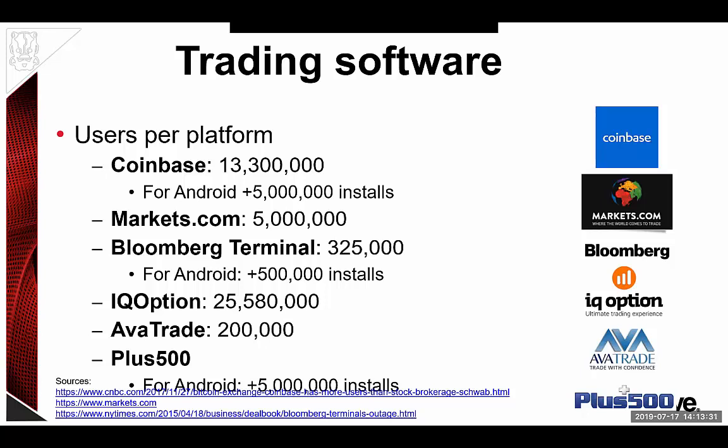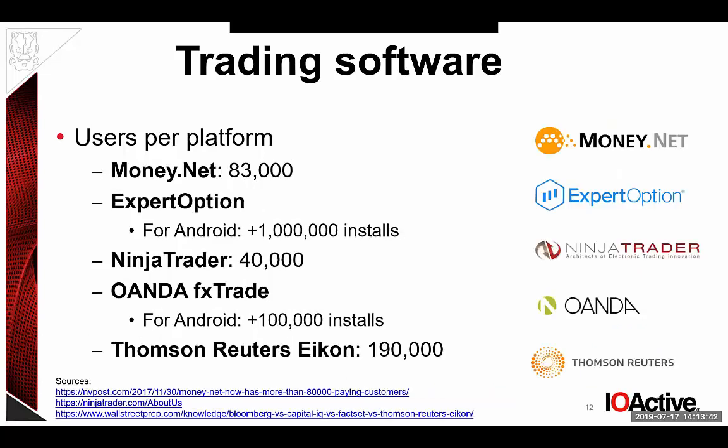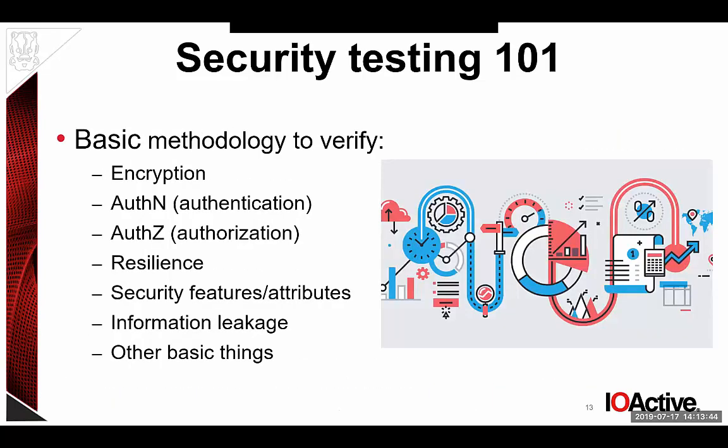We have tens of millions of people that might be affected and are affected by basic security controls, which are the ones I'm going to show you in the methodology. Now, this methodology is nothing new. It's something we all already know.